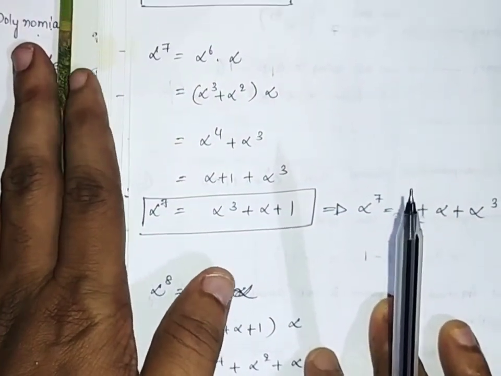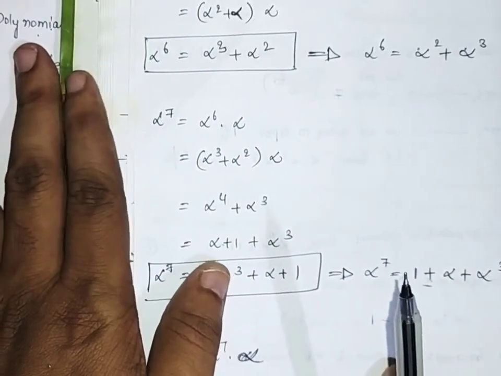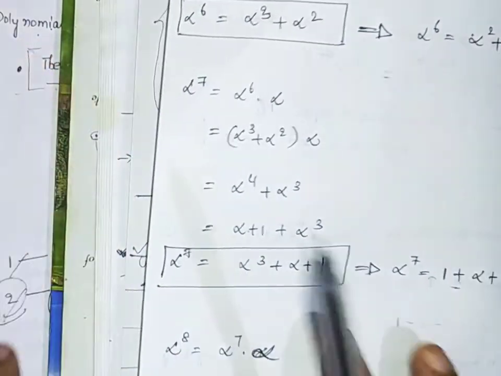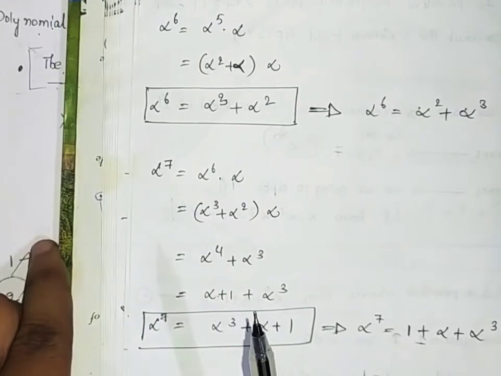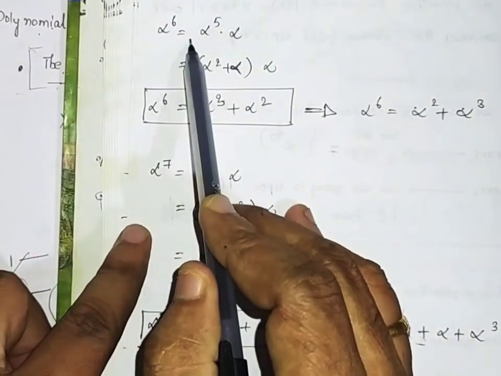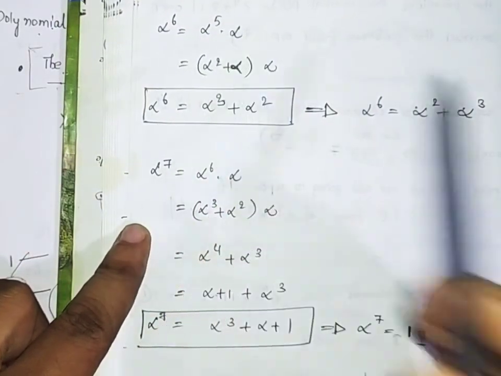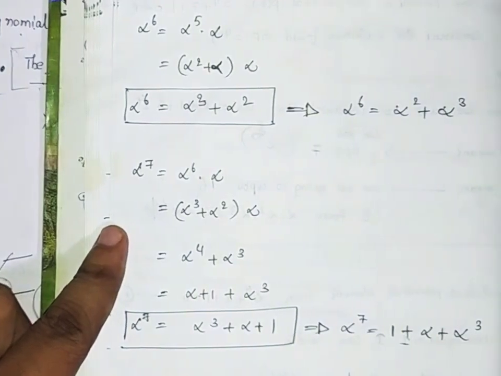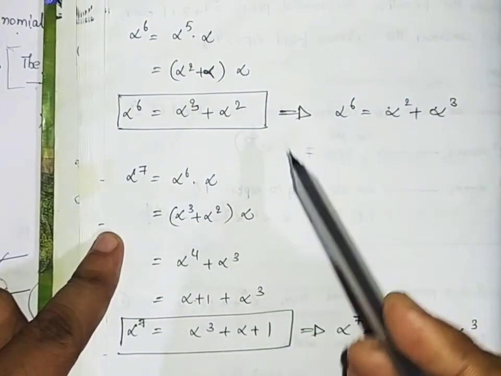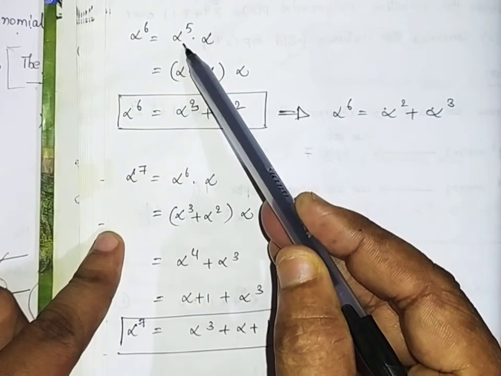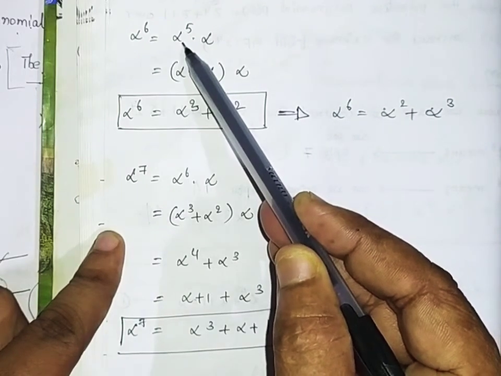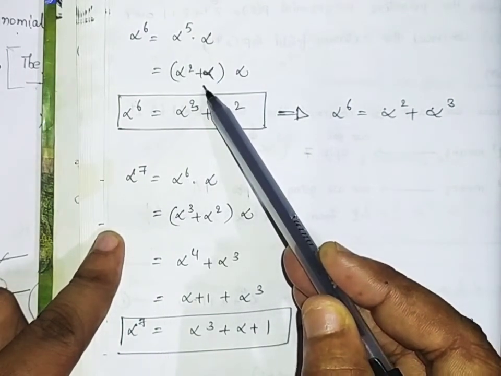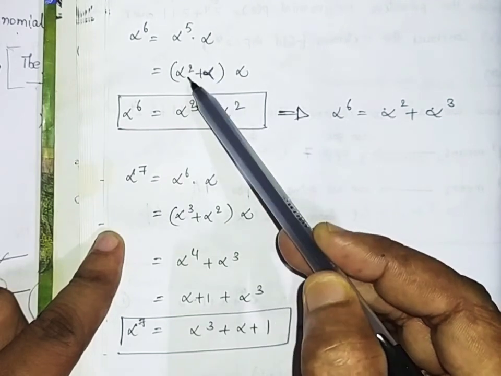Now let us consider the construction of the remaining elements. Alpha power 6 is equal to alpha power 5 into alpha. From the previous result, we know the alpha power 5 value. Let us substitute the result of alpha power 5 here.